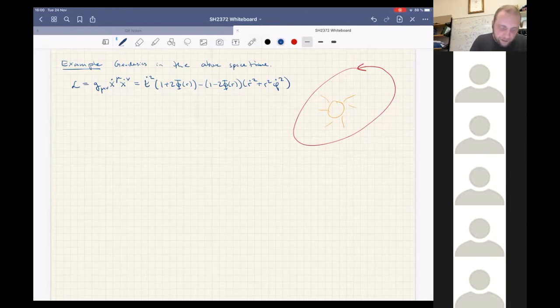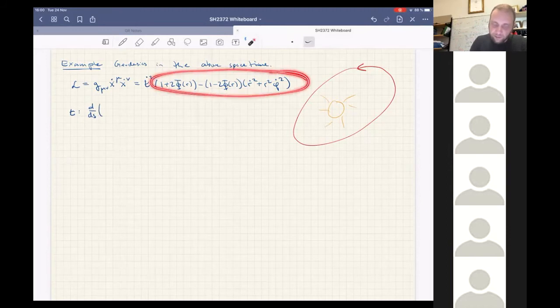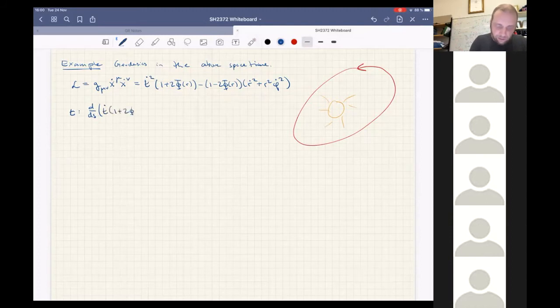If I look at the Euler-Lagrange equation for the t coordinate now, nothing here depends on t explicitly, so I'm only going to have the d/ds term. I have t dot times 1 plus 2 phi, and this should be equal to 0. So this means that t dot times 1 plus 2 phi is a constant.